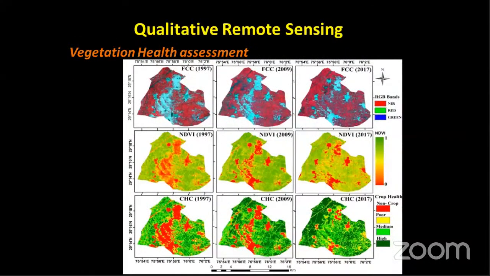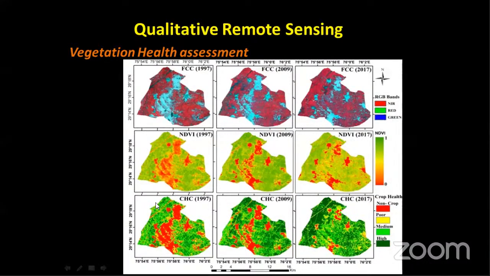Coming to another one, vegetation health assessment. You can do vegetation health or crop health condition. Here you can see high health, then less green is medium, then yellow is poor, and then these are non-vegetative regions.